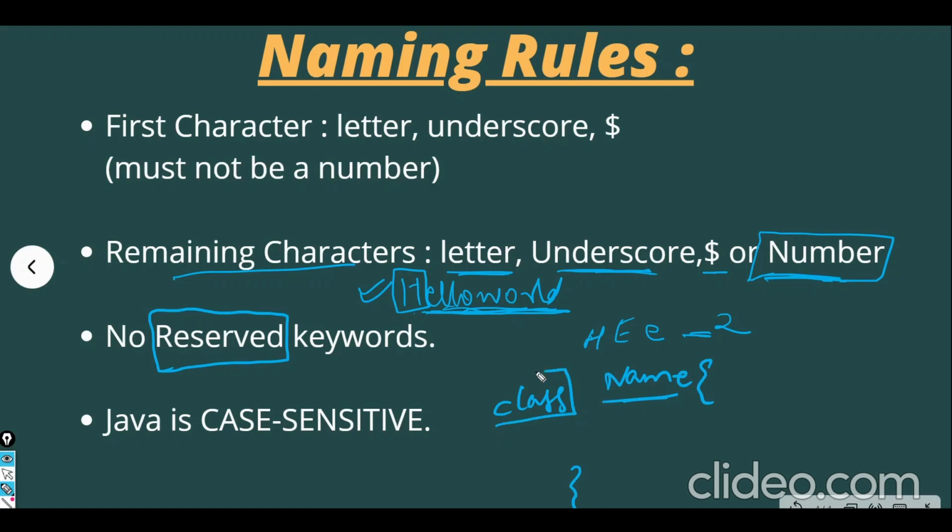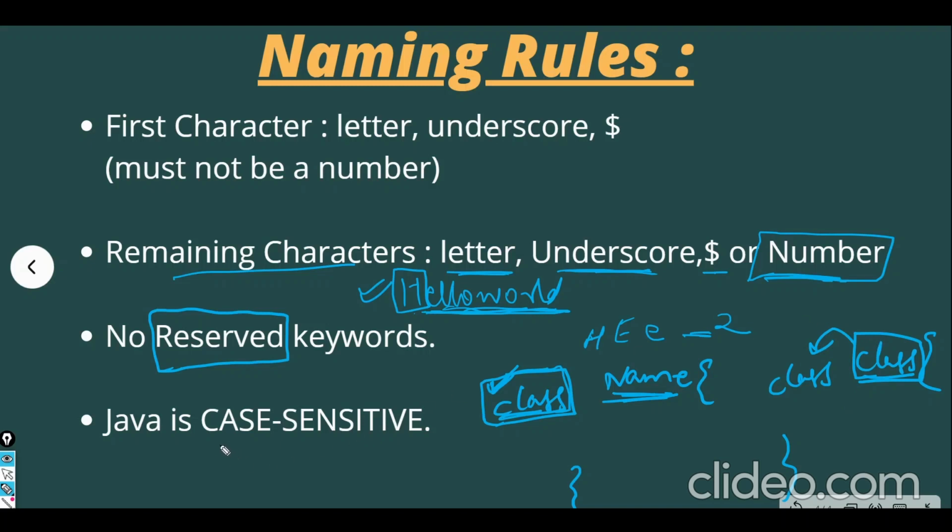As we saw in Eclipse, class was highlighted in purple. It is a reserved keyword given by the Java experts, and we cannot use it here. If I give my class name as class, it will give us an error because the reserved keyword creates a conflict.